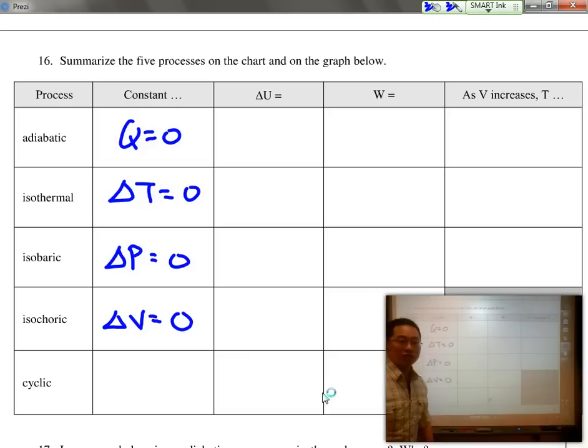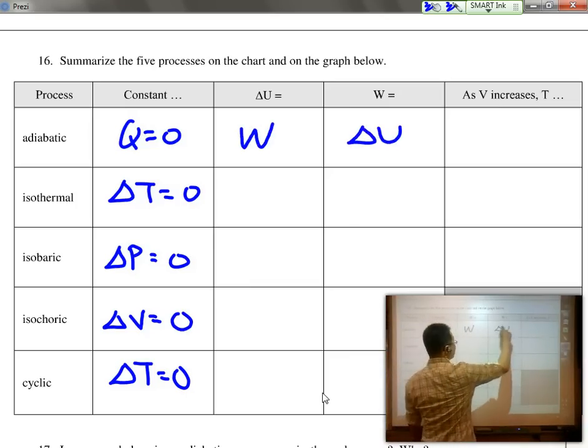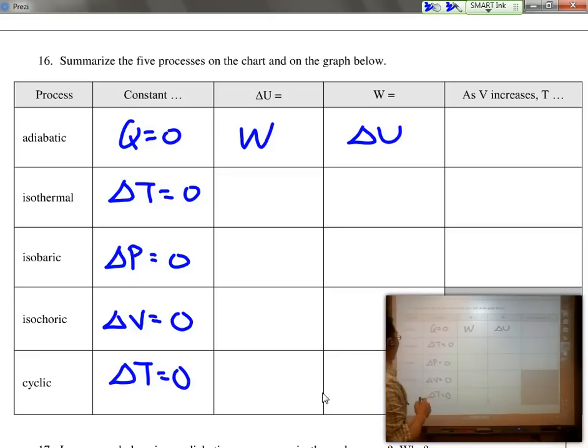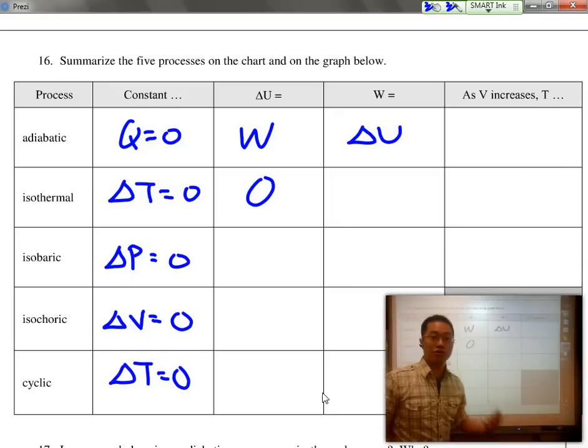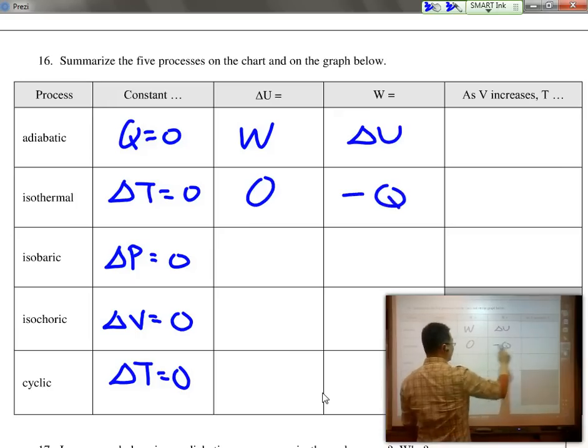With cyclic, there's also going to be no change in temperature because you're returning to the original point. With delta U, because delta Q is equal to 0, delta U is simply equal to W and vice versa. And with delta T equals 0, then delta U automatically equals 0 as well, because with no change in temperature, there's no change in internal energy. So work would automatically equal negative Q.